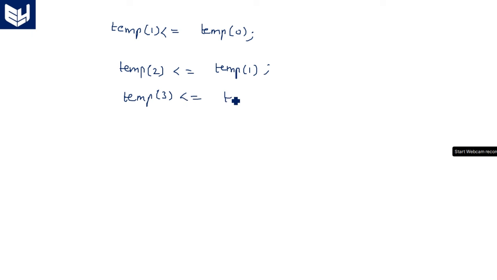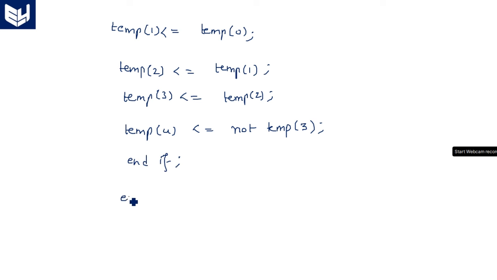Then temp(1) <= temp(0); temp(2) <= temp(1); temp(3) <= temp(2); and temp(0) <= not temp(3). End if, end process.